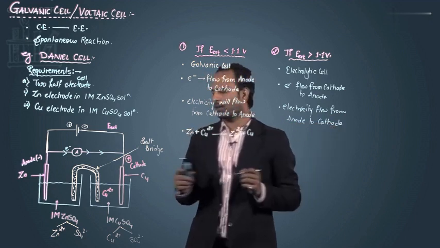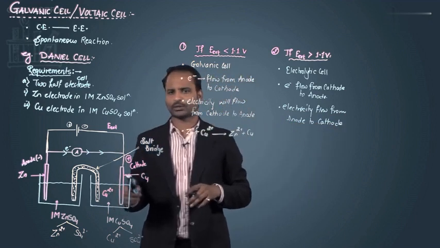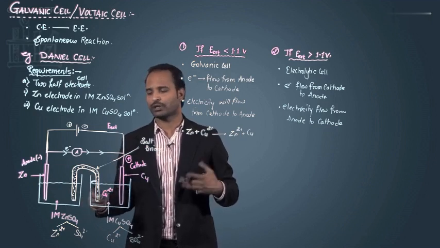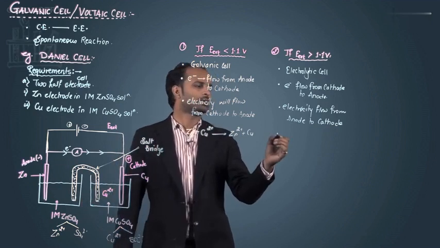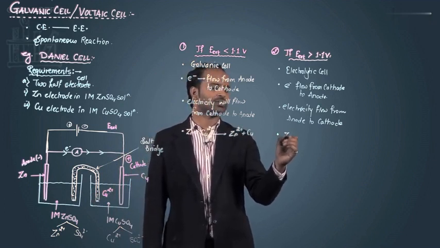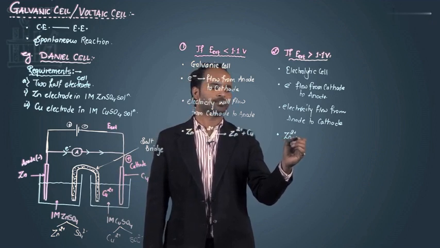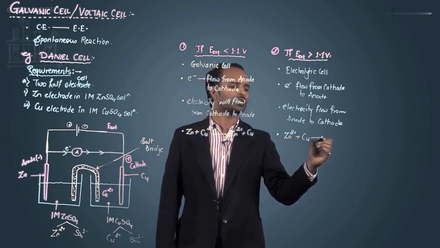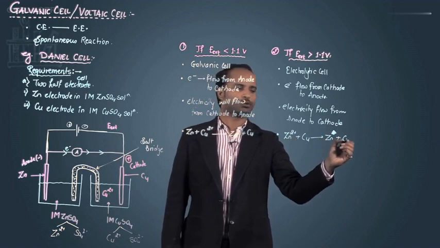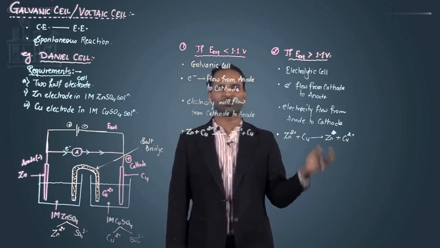The opposite thing will happen again. The cathode electrode will start to deteriorate, while the zinc electrode mass will now start increasing, and the cell reaction taking place inside the container will also get reversed. Now it will be zinc 2 plus plus copper gives zinc plus copper 2 plus. The reaction gets reversed.